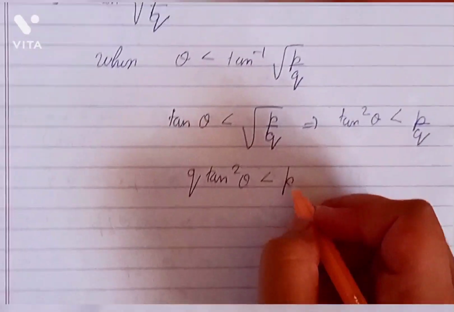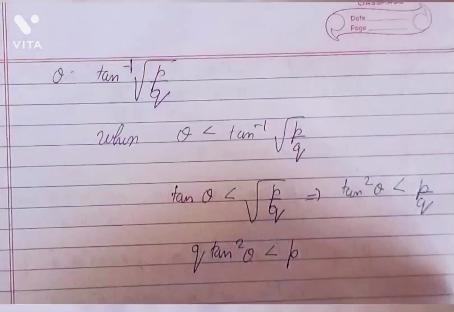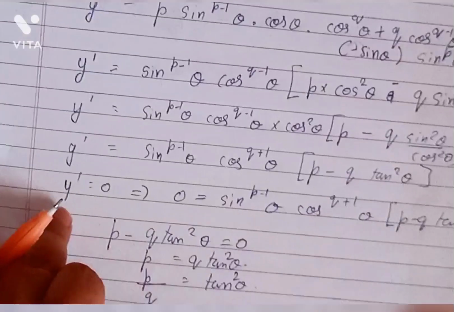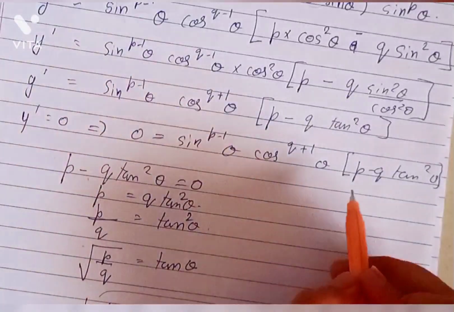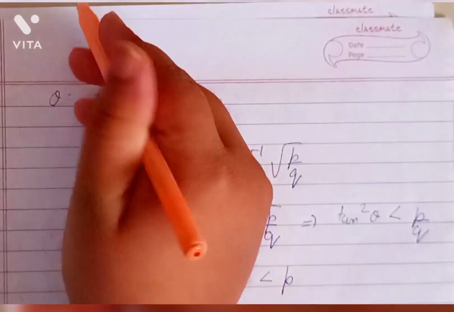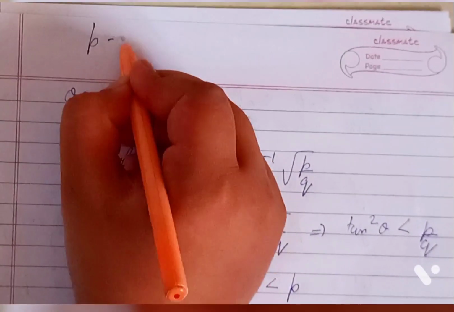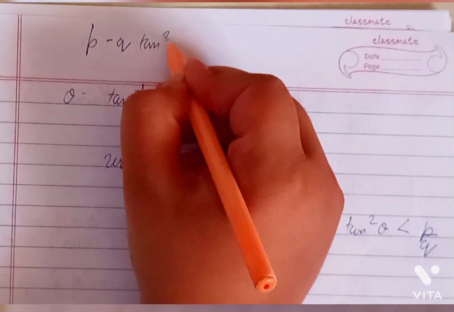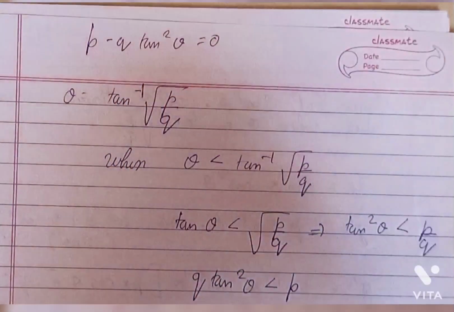Now in the last page I got that. See over here, we got p minus q tan square theta is equal to 0. So I'll write down over here p minus q tan square theta is equal to 0.